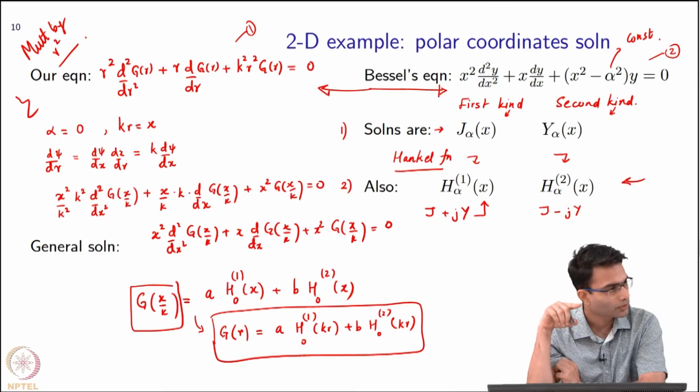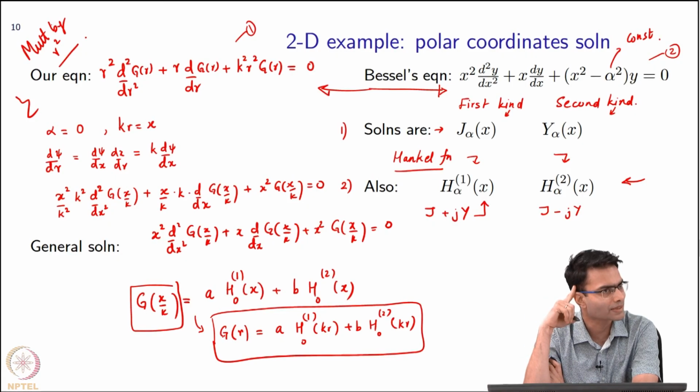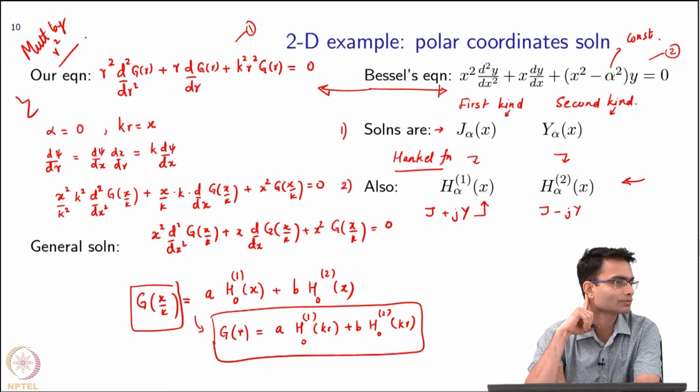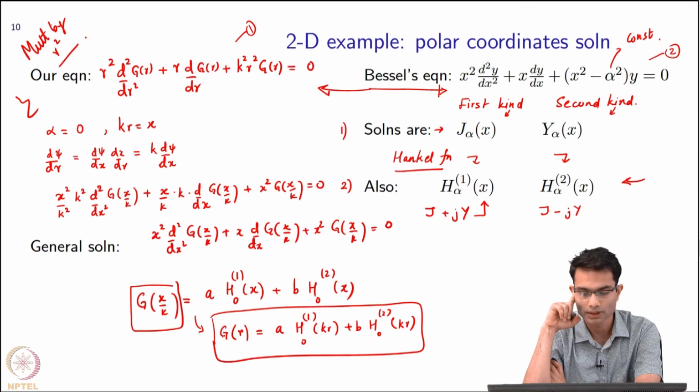Okay. So, that's how the Green's function can be written. So, it seems that without too much effort, because the effort was done by Bessel, we've got some form for the Green's function.